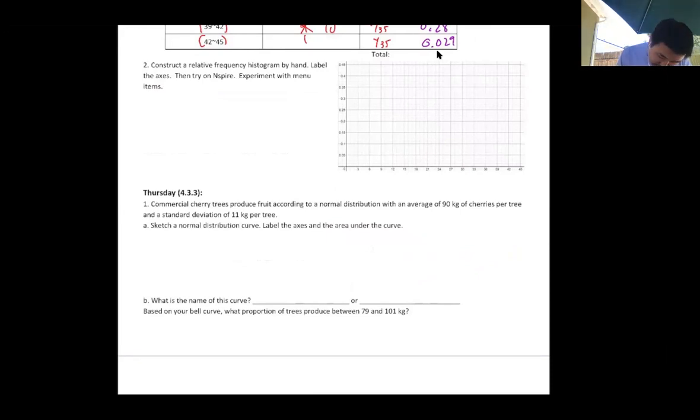So this is 90, 101, 112, 123, 79, 68, 57. What's the name of the normal curve?